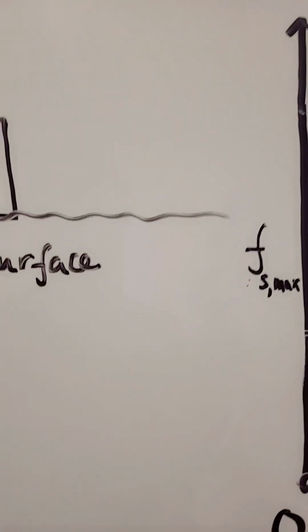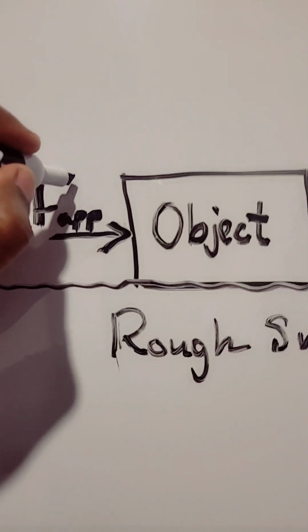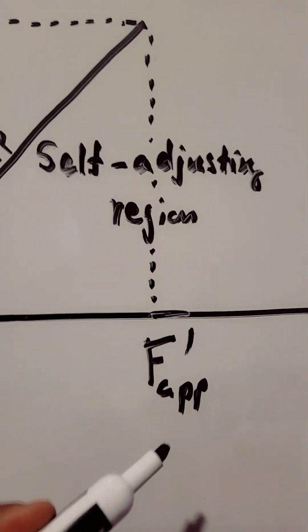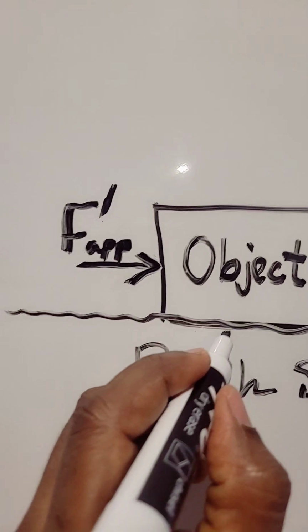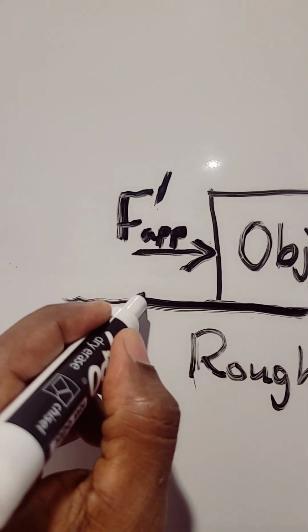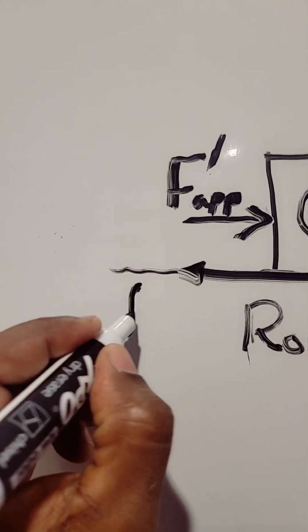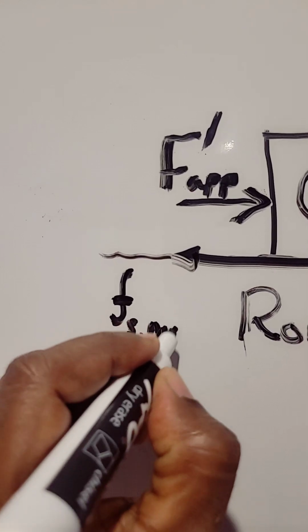That means at that F applied prime value, you will have a maximum value for the static friction.